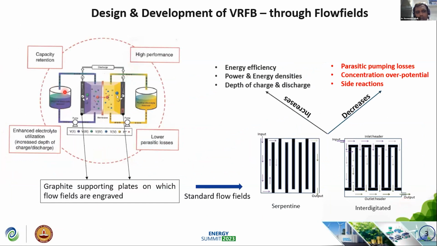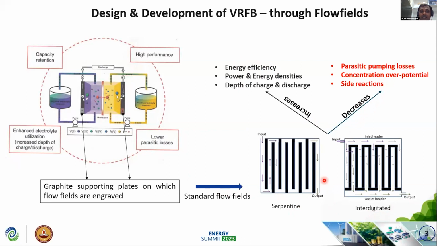So in any flow battery, what we design is how to distribute the electrolyte over the anode or cathode electrodes. There are simple serpentine and interdigitated flow fields, which increase whatever we want and decrease what we don't want. That's the advantage of flow fields. But these are very typical standard flow fields, applicable in fuel cells or flow batteries.